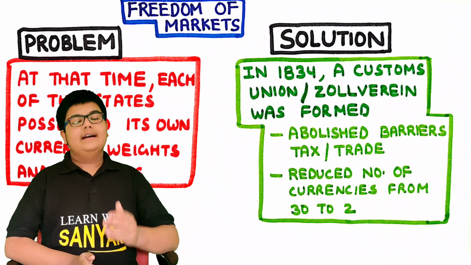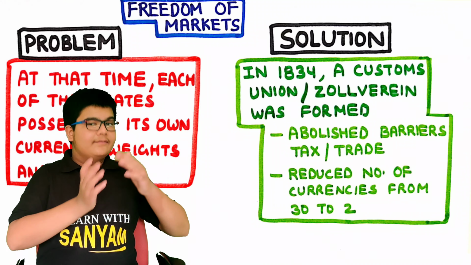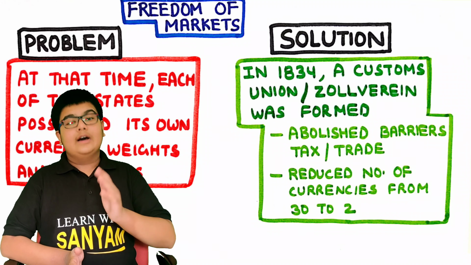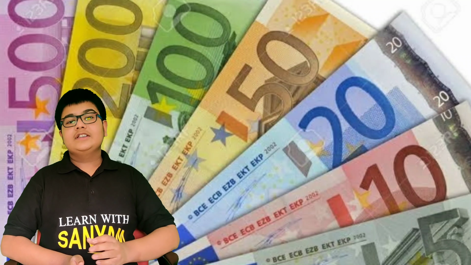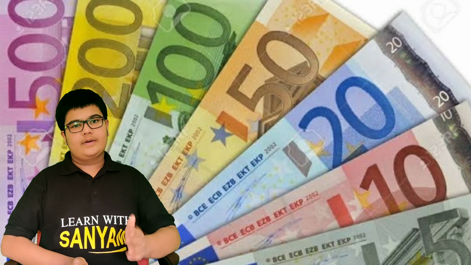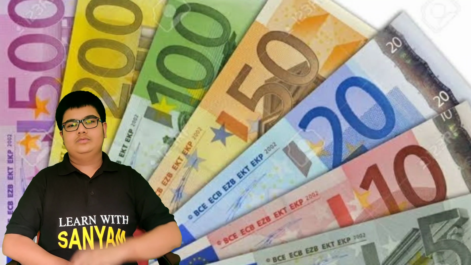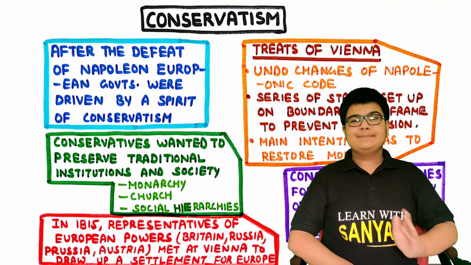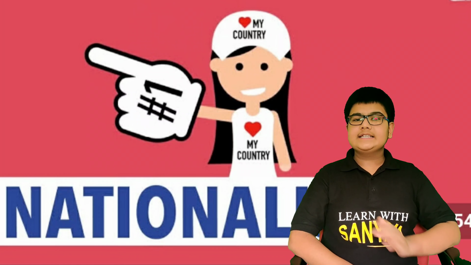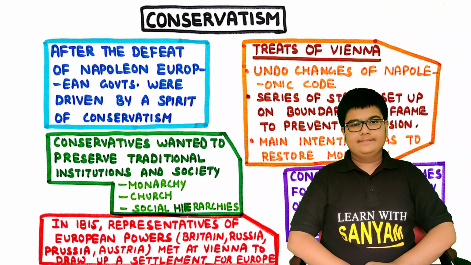Earlier, a lot of tax had to be paid if goods had to be transferred from one country to another. Now this tax was abolished, and also earlier there were 30 currencies in Europe, but now the currencies were reduced to just 2. All these changes were demanded by the middle class people, and in this way the feeling of nationalism had begun in Europe.